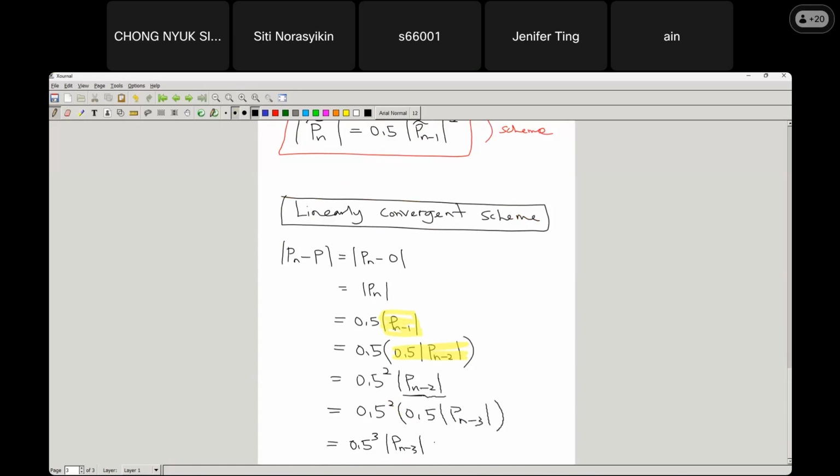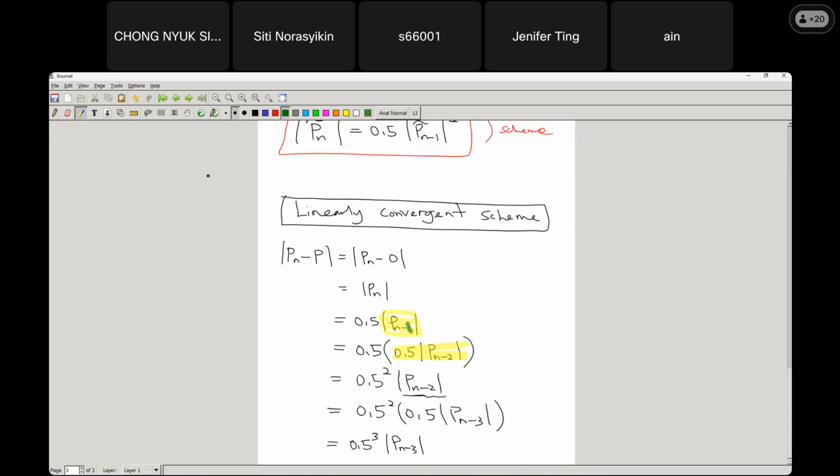Now I would like to draw your attention to what you have seen. You can do some analysis. First, let us take a look at this part. You see, if I have n minus 1, what is the power here?